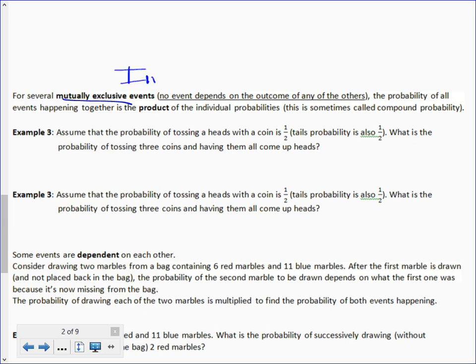Another word for mutually exclusive is independent. Mutually exclusive or independent. So here's what I mean when I say independent in probability.